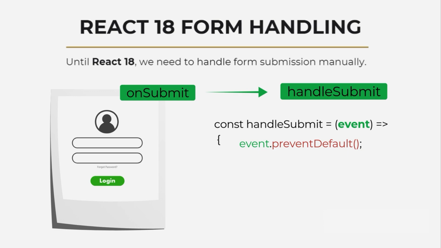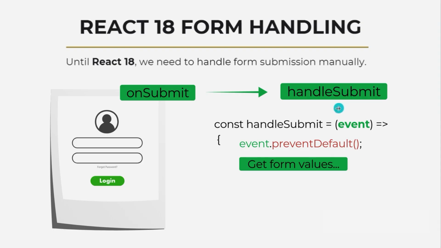And after that, we can read the input element values either by using event.target or we can use some state variables to read those values of either username or password, and get them into the handleSubmit function. We can have the state logic or we can use useRef.